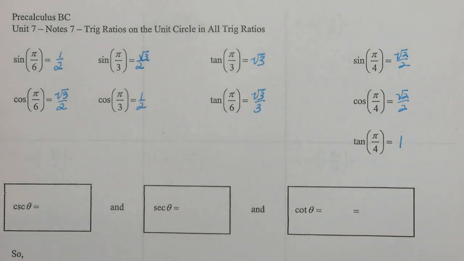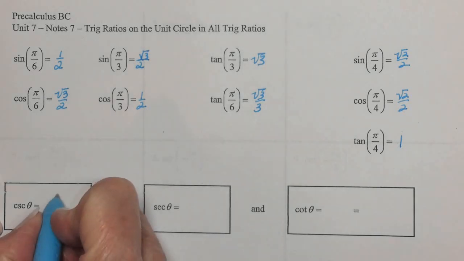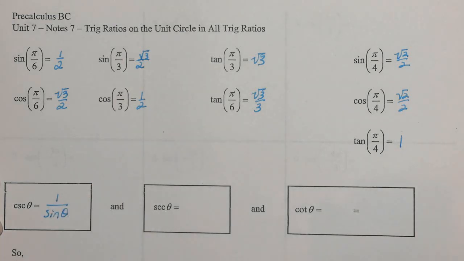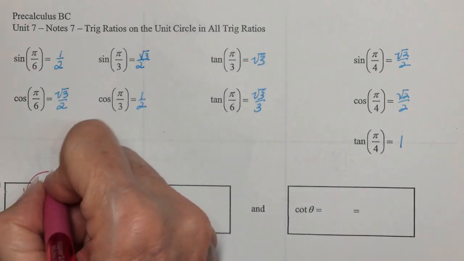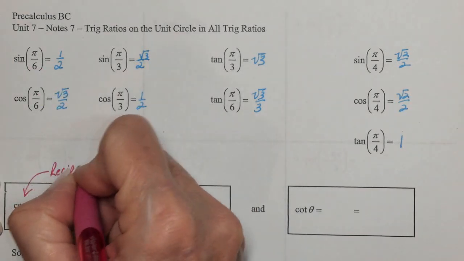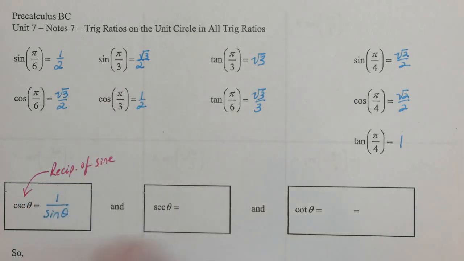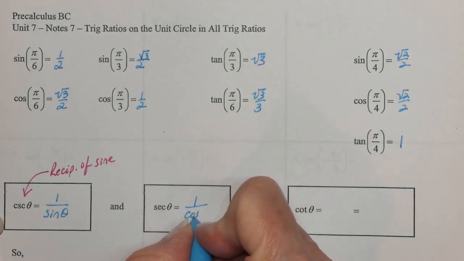Alright, a little bit of a review from what we did last time. Okie doke. Cosecant of theta. We need to remember that cosecant of theta is the reciprocal of sine of theta. Secant of theta is the reciprocal of cosine of theta.